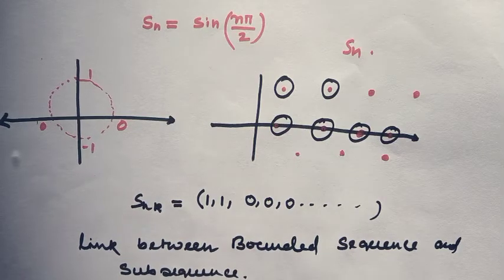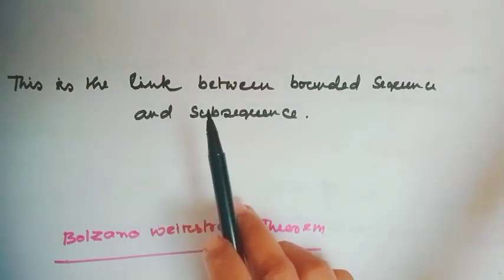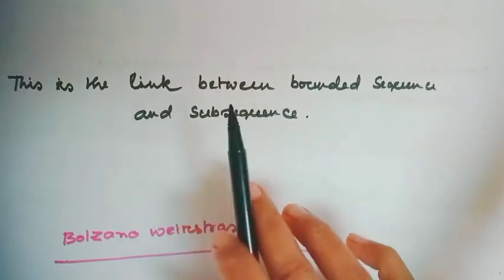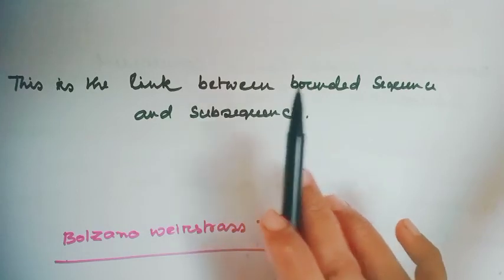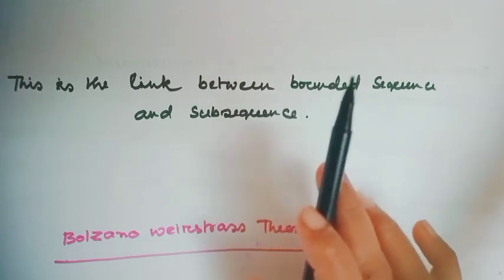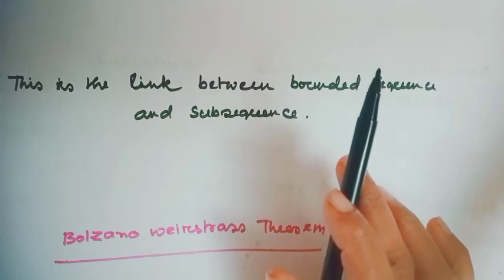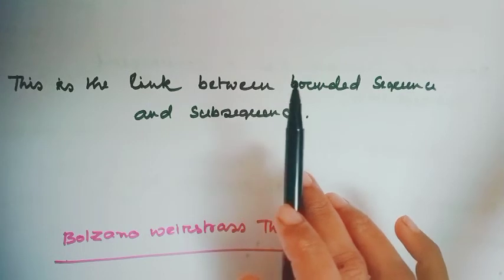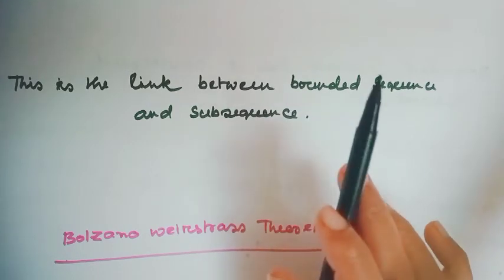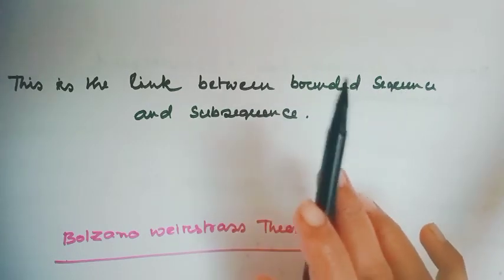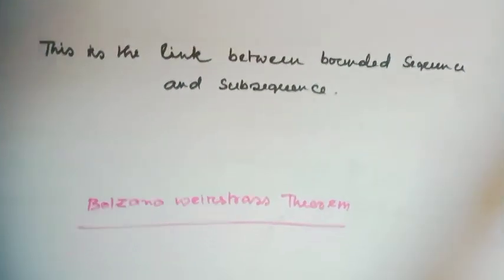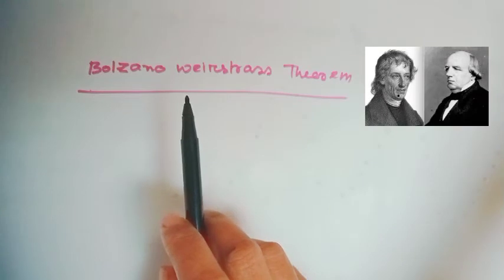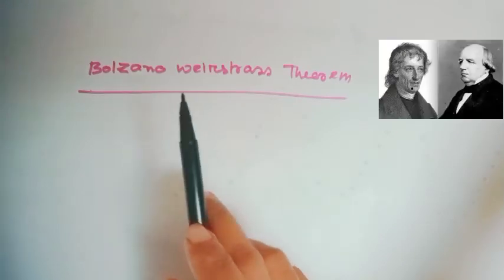Alright. Now my question: how is a subsequence linked to a bounded sequence? If you choose some subsequence of a bounded sequence, what happens? Does it converge? Here is one of the most important theorems in all of mathematics. This is called the Bolzano-Weierstrass theorem, and it is a key fact of real analysis.